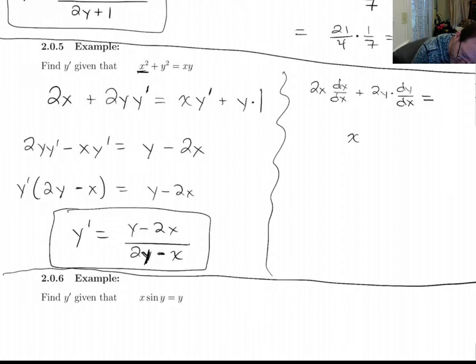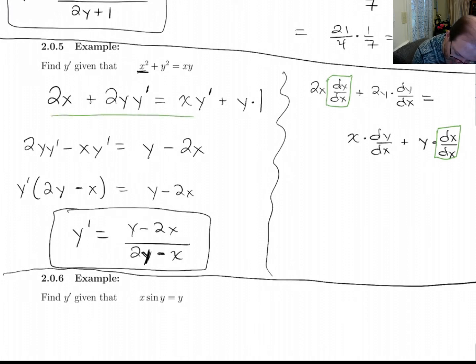We get the first, x times the derivative of y with respect to x, plus the second times the derivative of the first. So notice on all of these, though, the dx over dx cancel away and give you 1, and it gives you the same thing that you wind up with over here.